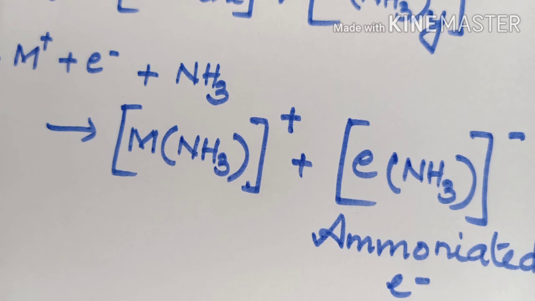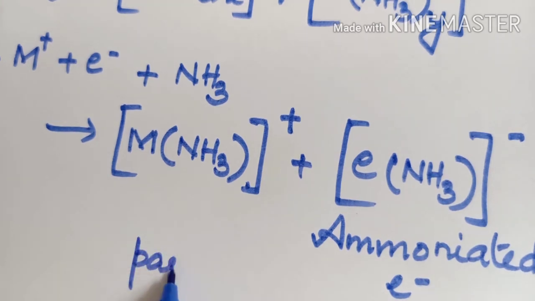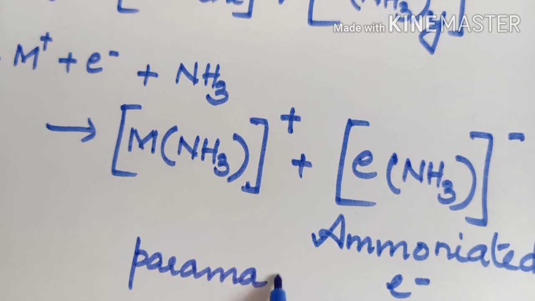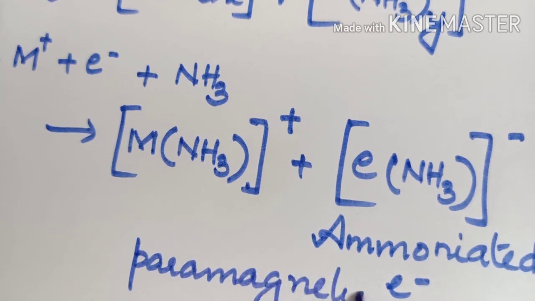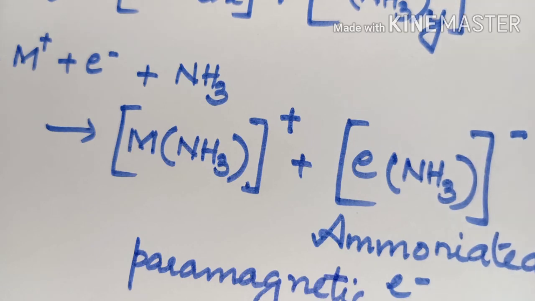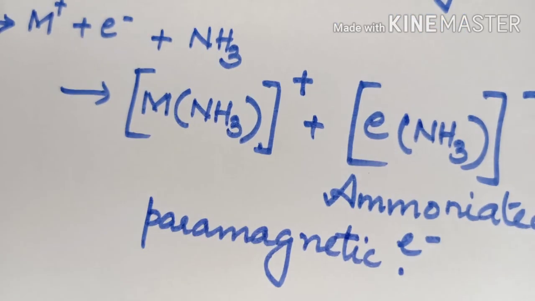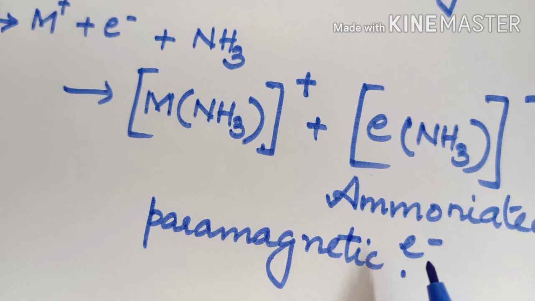This solution is conducting and it is found to be paramagnetic in nature. So what do you understand by paramagnetic solutions? These are solutions which will be attracted towards a magnet. You find that the solution, when it is kept near a magnet, gets attracted towards it.